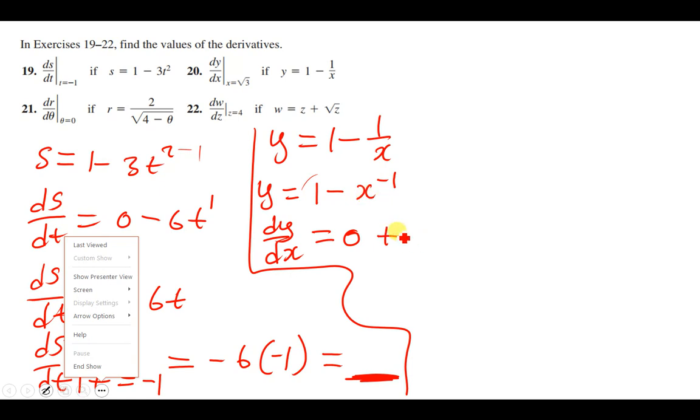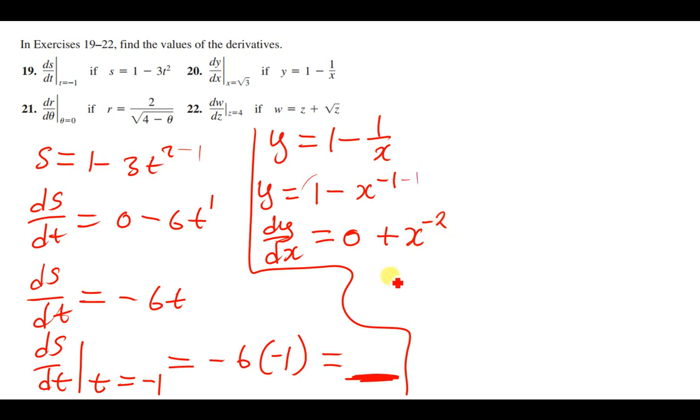We have positive 1 times x, with negative 1 minus 1 giving us negative 2. So dy/dx is simply 1 over x squared when you take this back to the normal form. So from there, this is what we have.